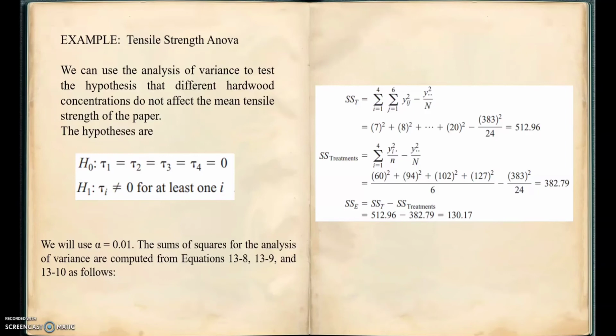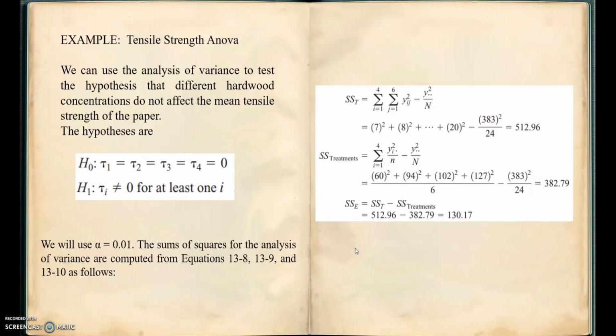The null hypothesis is tau sub 1 is equal to tau sub 2 is equal to tau sub 3 is equal to tau sub 4 is equal to 0, while the alternative hypothesis is tau sub i is not equal to 0 for at least one i. We will use a significance level of 0.01. The sums of squares for the analysis of variance are computed from equations 13-8, 13-9, and 13-10 as follows.